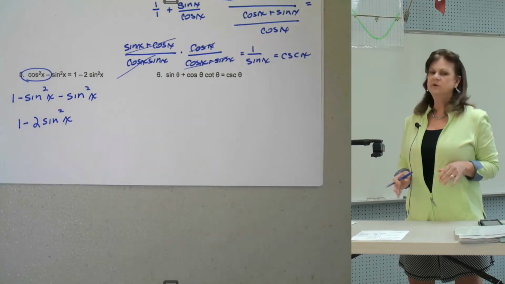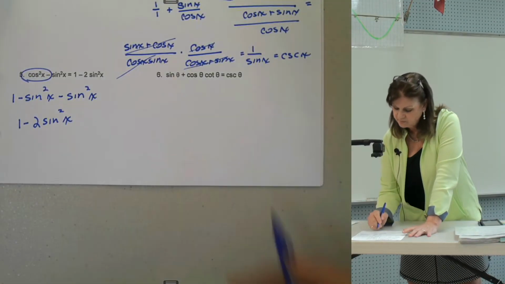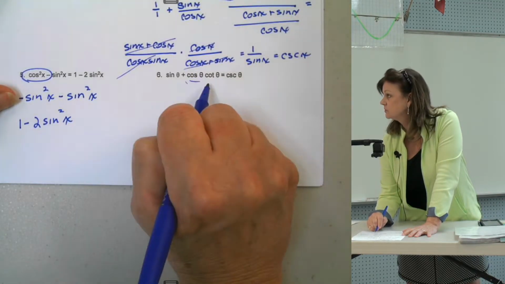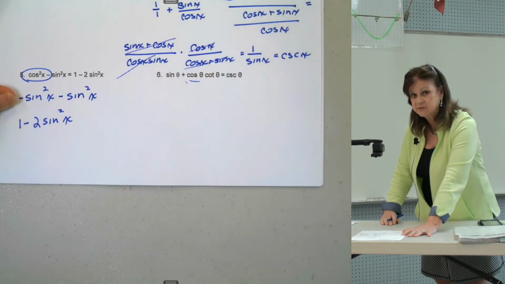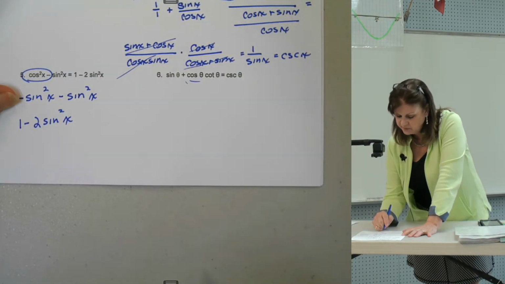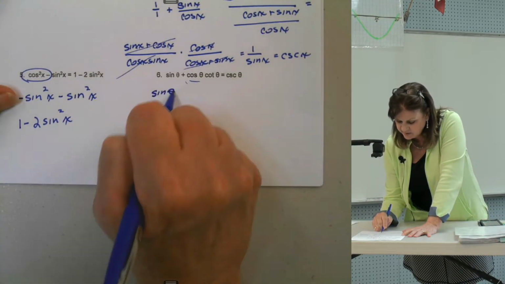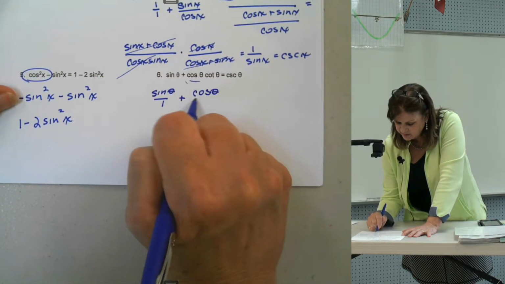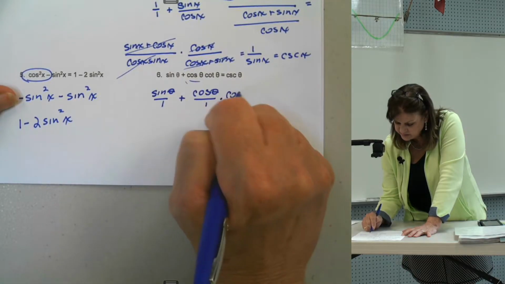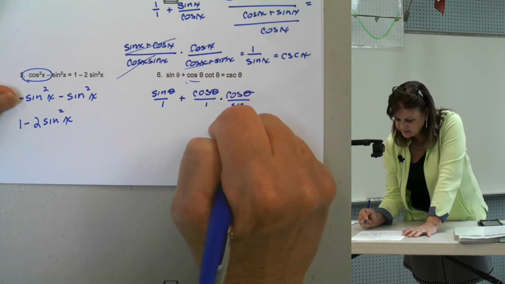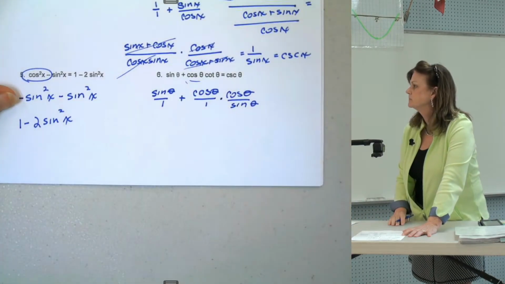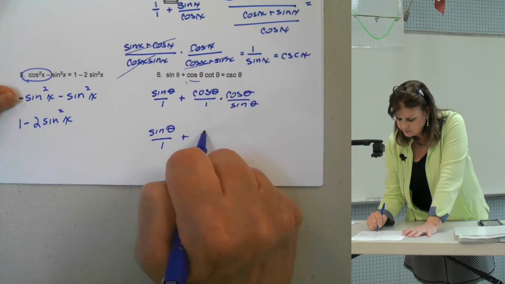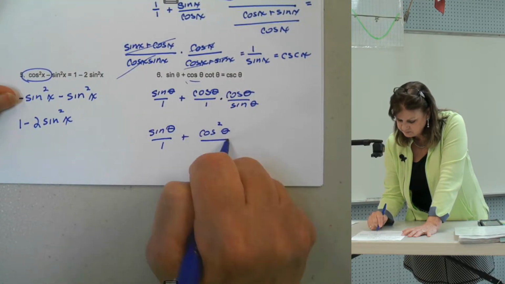Okay, nothing squared in 6. And I can already tell I'm going to be introducing rationals here. Cosine times cosine over sine. So here we go. I've got sine theta over 1 plus cosine theta over 1 times cosine theta over sine. Got sine theta over 1 plus cosine squared theta.